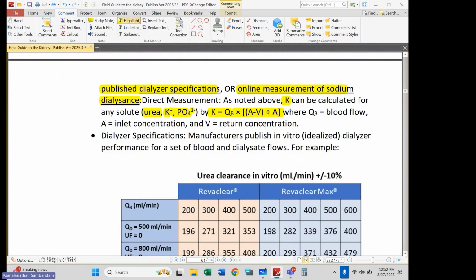K of potassium, K of phosphate, any of those things can be calculated. Clearance can be calculated for vancomycin, whatever, myoglobin. You can use the inflow concentration of that solute, outflow concentration of that solute, divide by inflow, and calculate K. Okay.